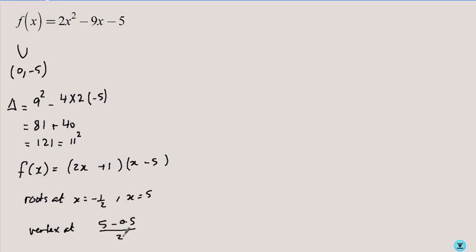That's 4.5 divided by 2, which is 2.25. And if you would like to work in fractions, this is 9 over 4.